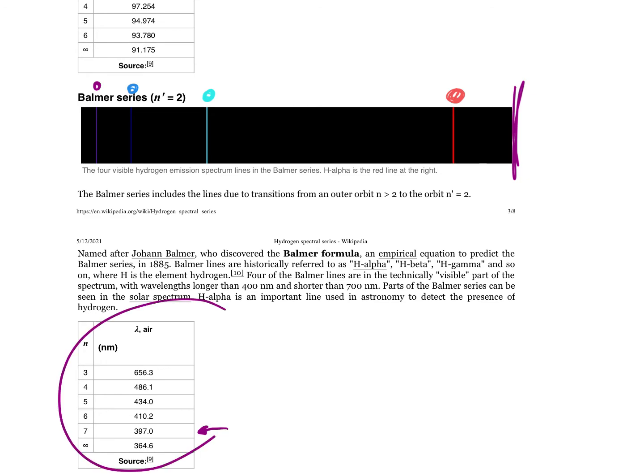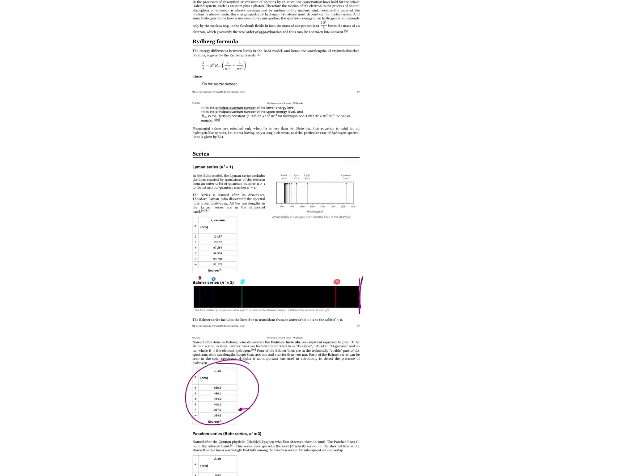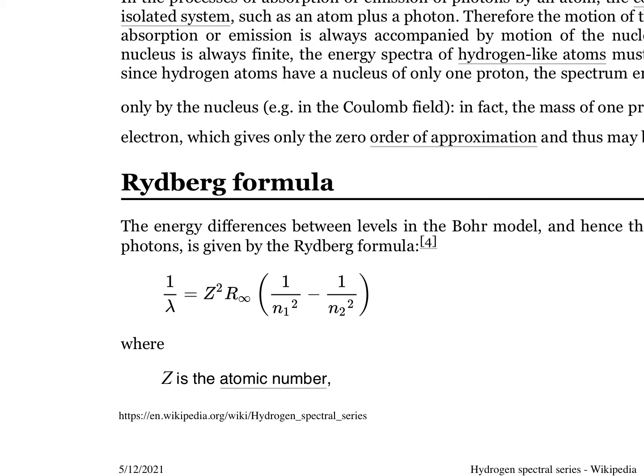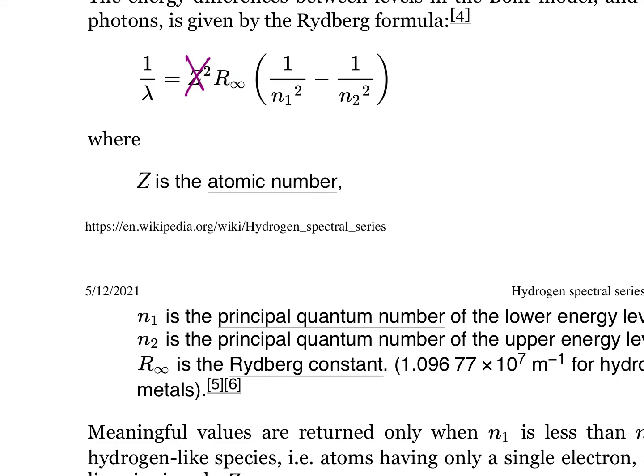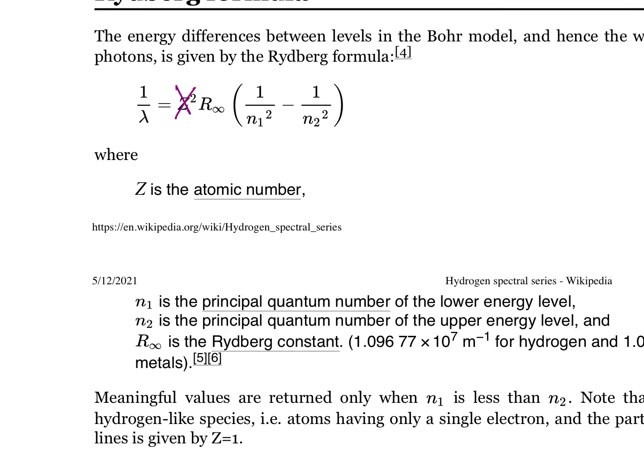Where did these numbers come from? These numbers came from the Rydberg formula. With an atomic number of 1, Z goes away. The Rydberg constant, this is for hydrogen specifically, so we have this value here for the Rydberg constant. I've never used that many digits.